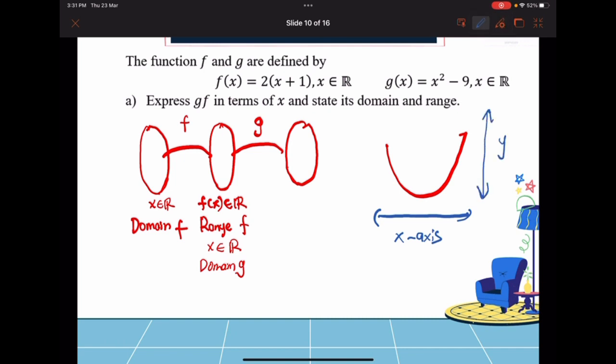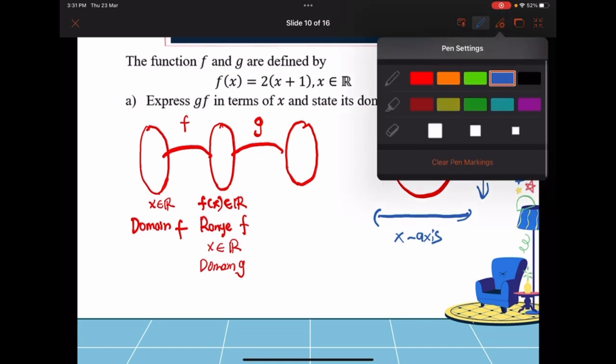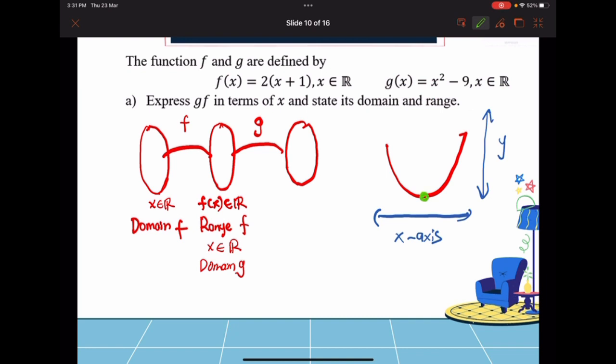Does it cover all negative values of y up until positive values of y? The answer is no. Why? Because you have the minimum value. So your curve of g will start with the minimum value up until positive infinity. So based on here, we know our range values start from the minimum value of y.